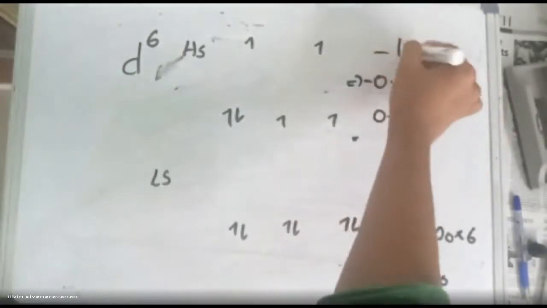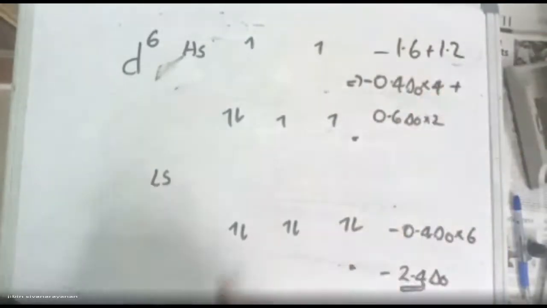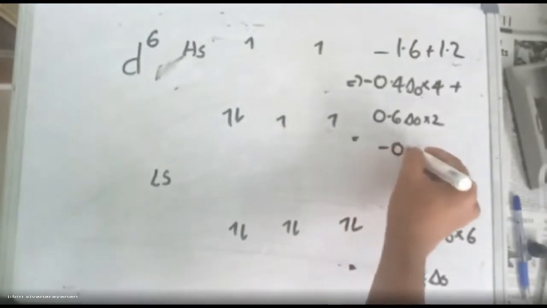Can you please tell me? So here it is minus 1.6 plus 1.2, so it is around minus 0.4 delta.